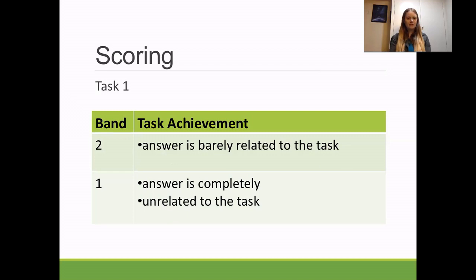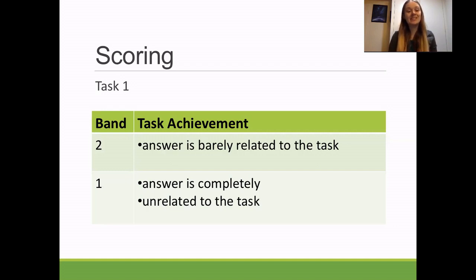And for a score of 2, the answer is barely related to the task. And for a score of 1, the answer is completely unrelated to the task. Sorry about that division of that sentence. So you are answering it, but it's actually not related at all.